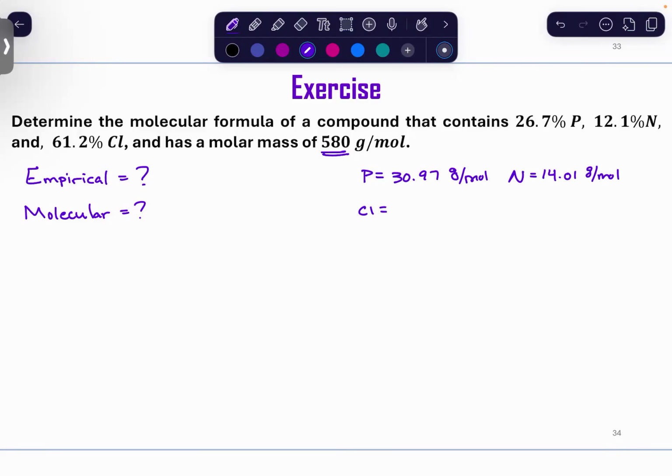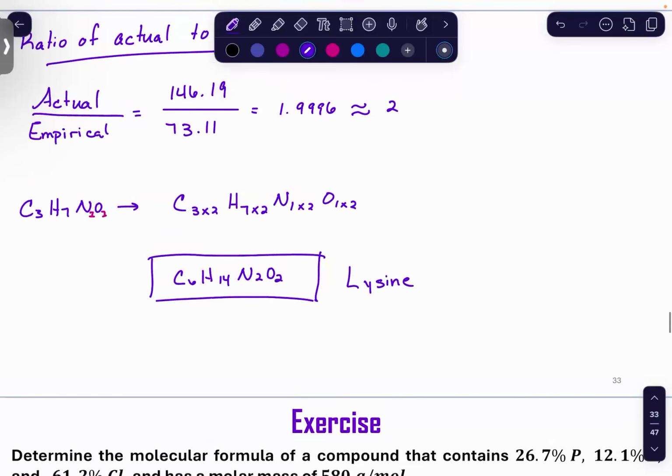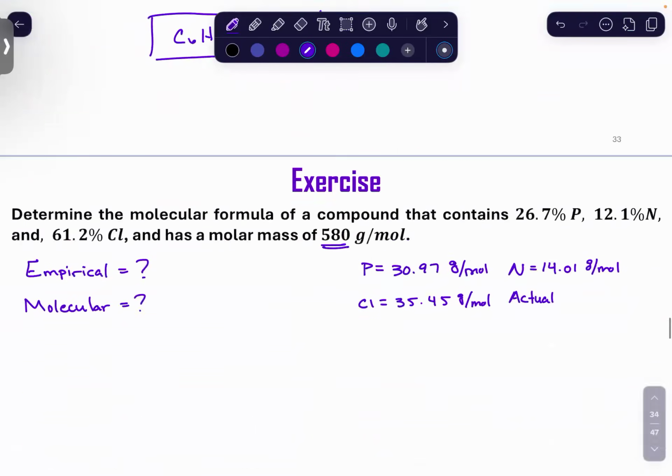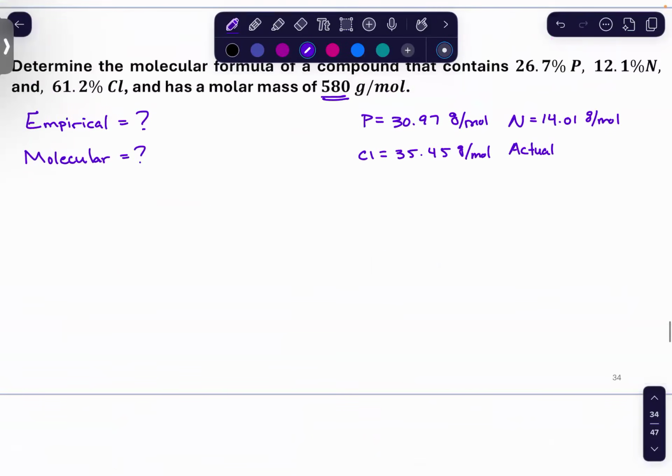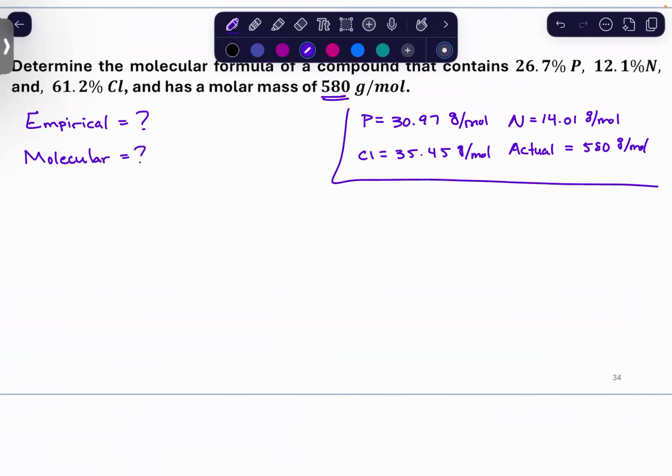Chlorine is 35.45 grams per mole. And then my actual molar mass, which if we compare, that's going to be this number right here. My actual is that 580. So these are knowns that are going to help me solve the problem.